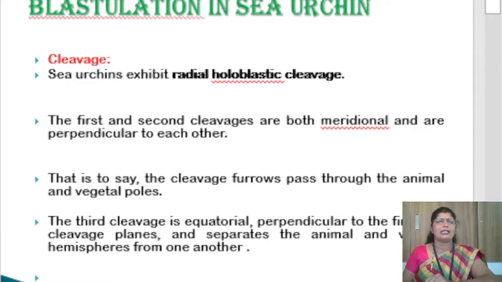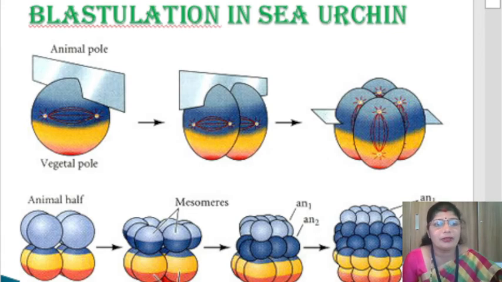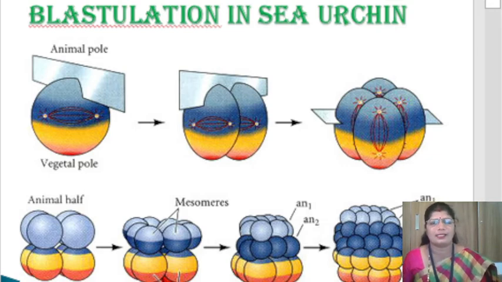Coming to the first cleavage, it is a meridional cleavage. Here you can see in the picture, the meridional cleavage starts from the animal pole and reaches the vegetal pole. It divides the zygote completely into two equal cells, because it is a holoblastic cleavage.